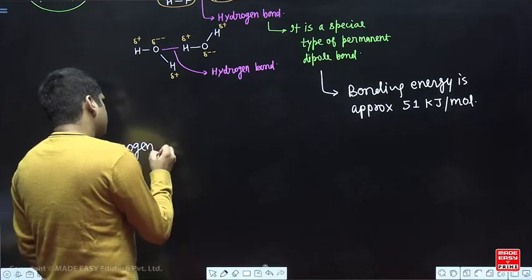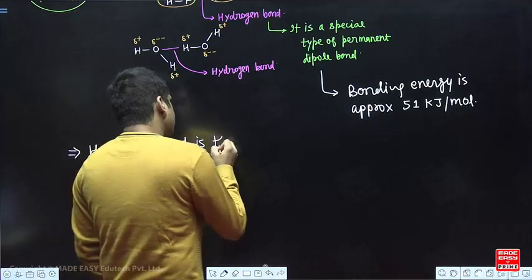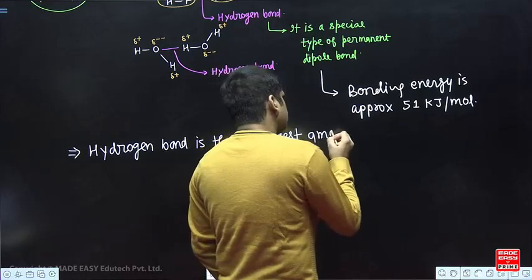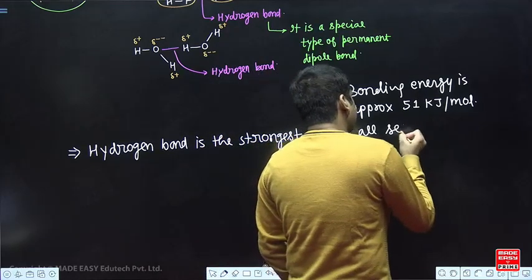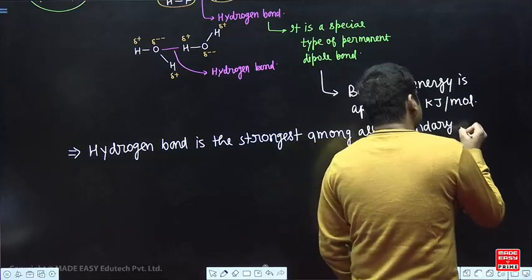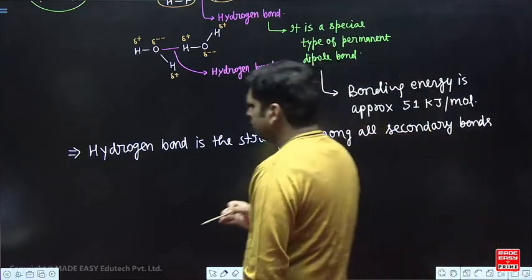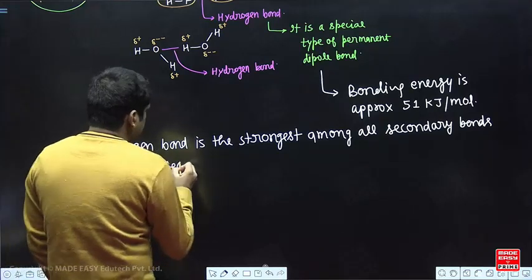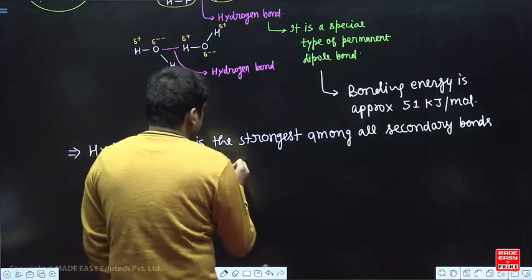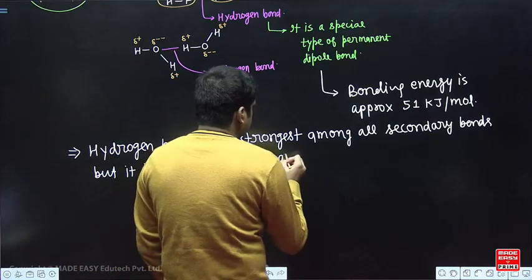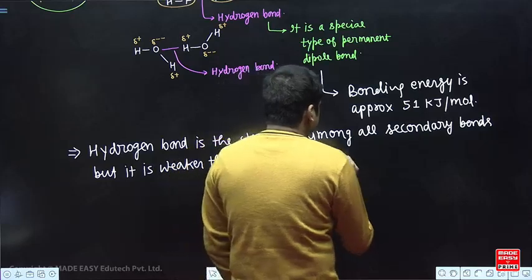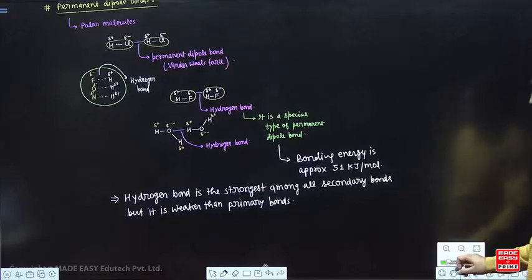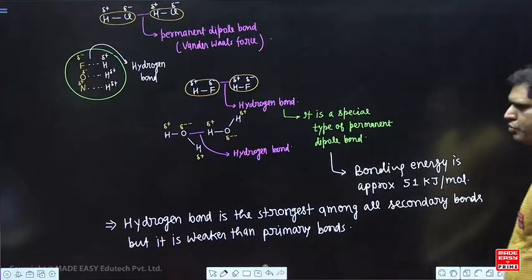Hydrogen bond is the strongest among all secondary bonds, but it is weaker than primary bonds. It cannot be stronger than the primary bond. कभी भी कोई भी हाइड्रोजन बॉन्ड या कोई भी सेकेंडरी बॉन्ड किसी भी प्राइमरी बॉन्ड से स्ट्रांग नहीं हो सकता. प्लीज नोट डाउन दिस.